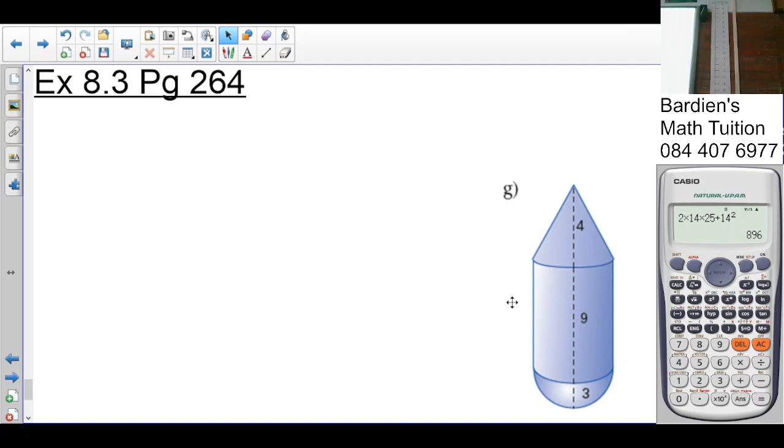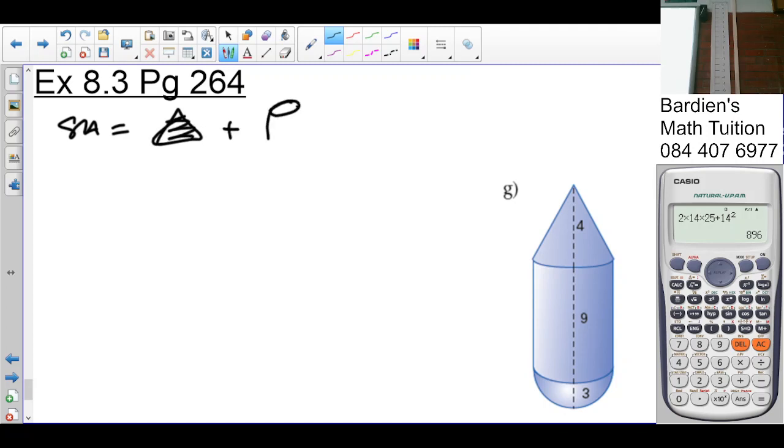Okay. So the surface area is going to be the cone plus your cylinder plus your surface area of the hemisphere.